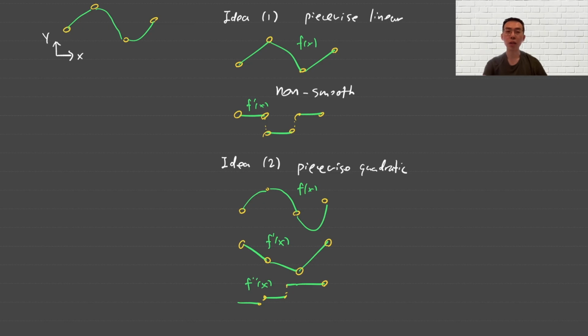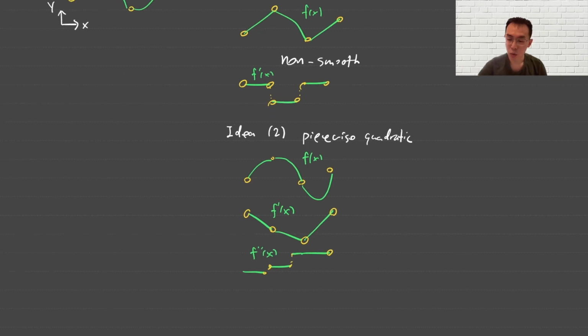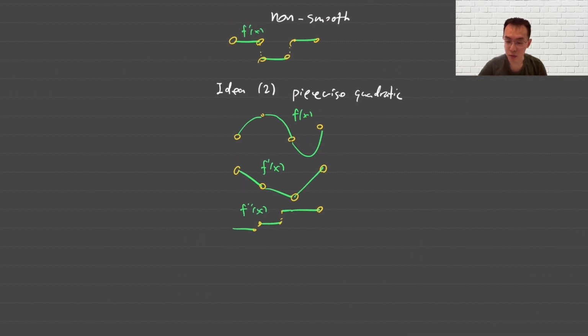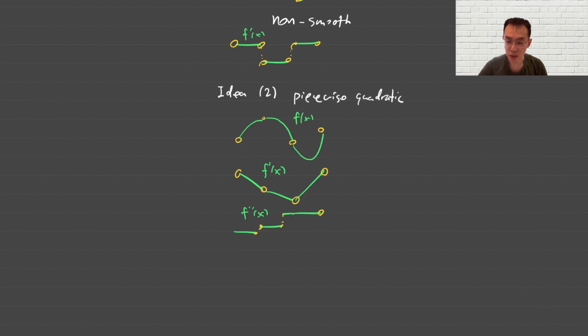The second derivative tells us how the curve is going to bend. It has to do with the curvature of the curve, and the quadratic function is just not flexible enough to do this task. It is much better compared to the piecewise linear function, but we want a little bit more than that. We want the second derivative to be continuous as well.